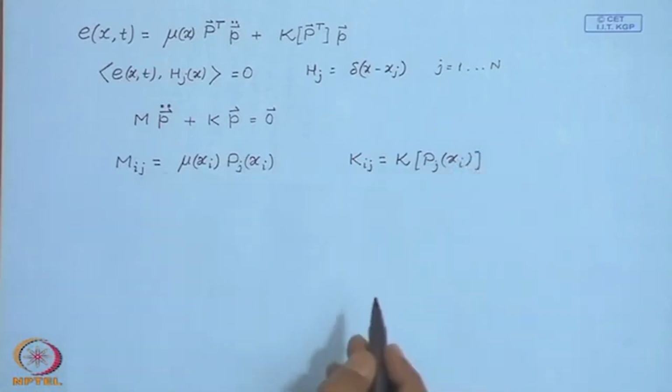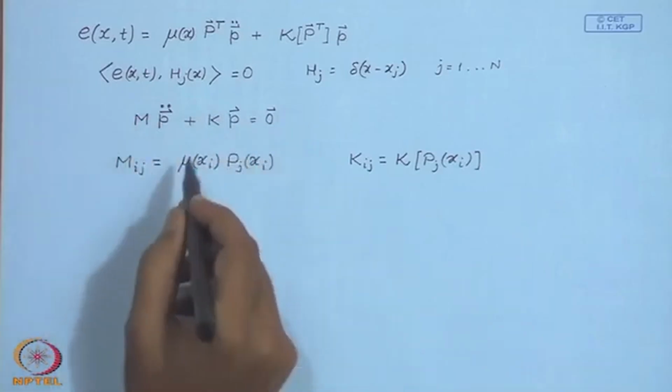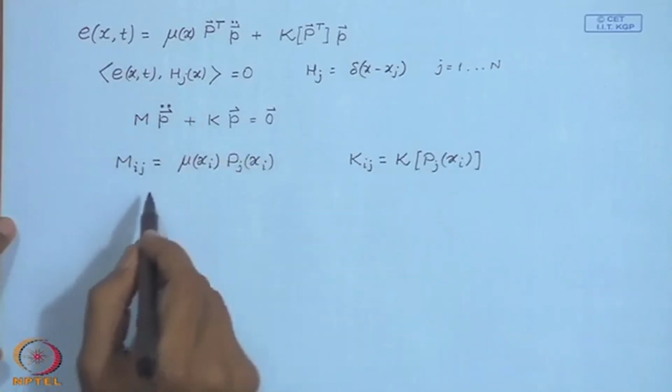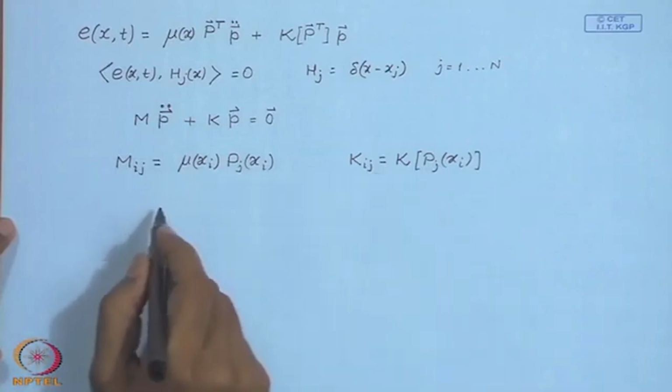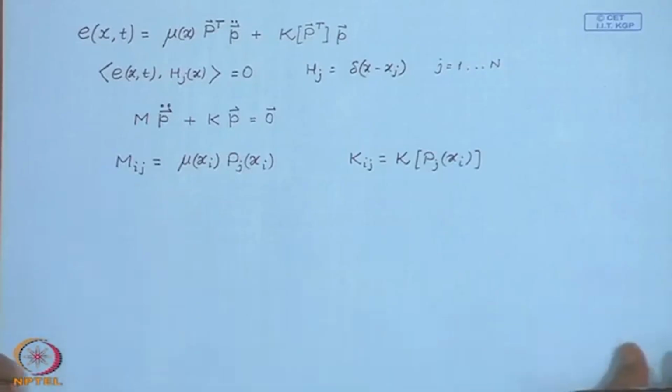So, when we use collocation method, we obtain this discretized system where the matrix elements are given like this.